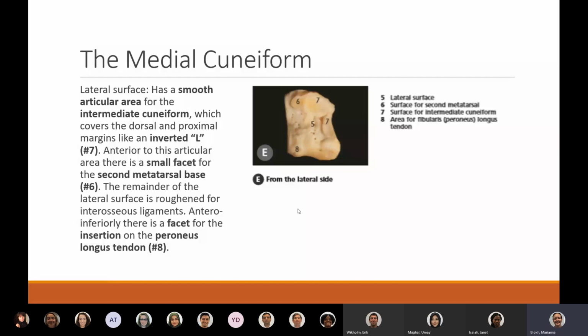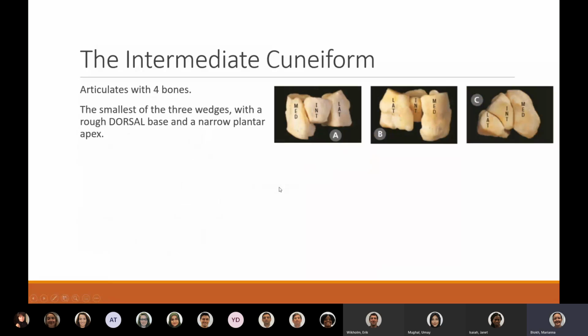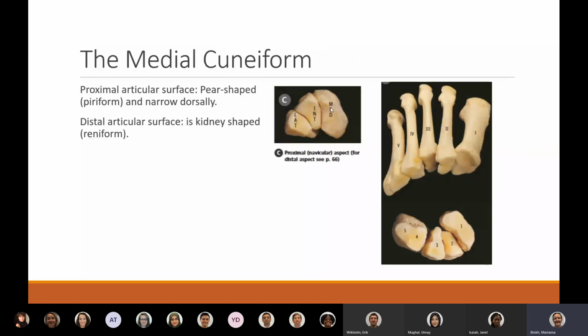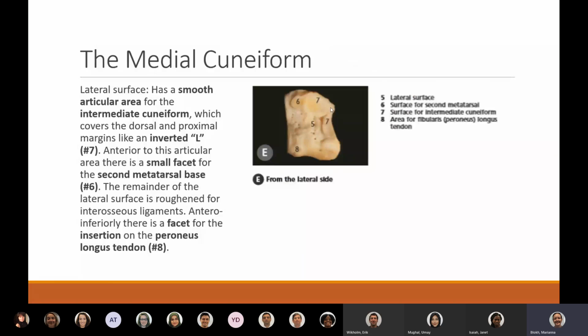Intermediate cuneiform: you're going to have a lot of articulations on its medial side and its lateral side, articulating with the medial cuneiform and the lateral cuneiform. I don't think you really have to know the shape of each articular area. I'm not sure how much detail you need for that. It's more about the attachments. So, sorry, I got ahead of myself.